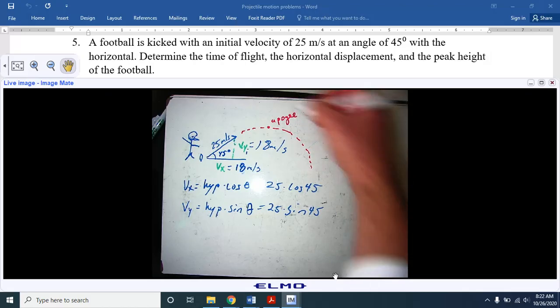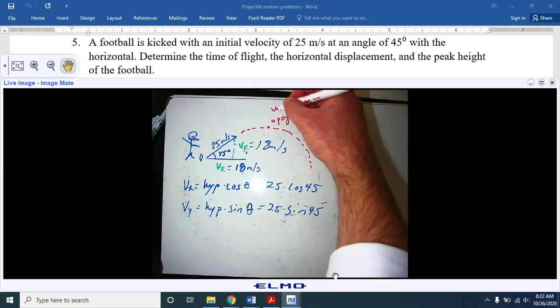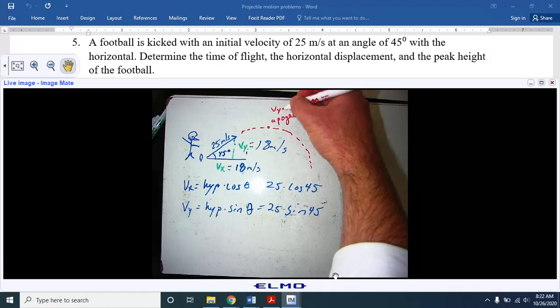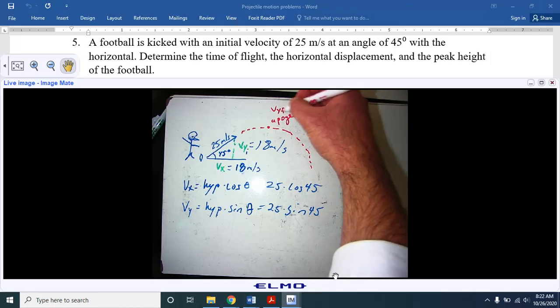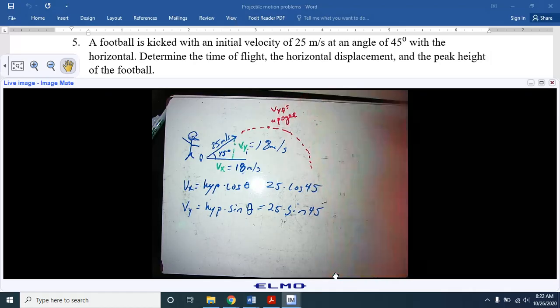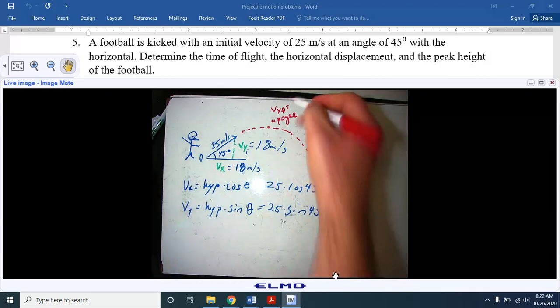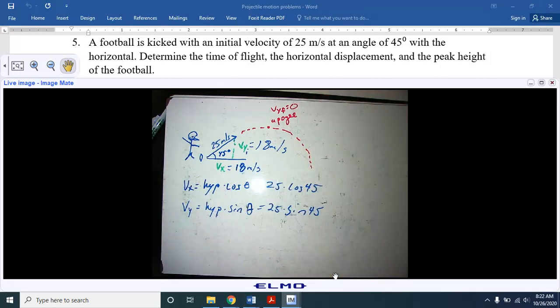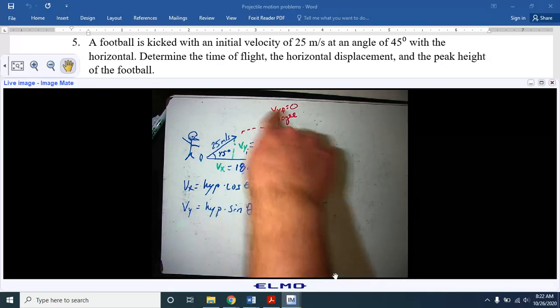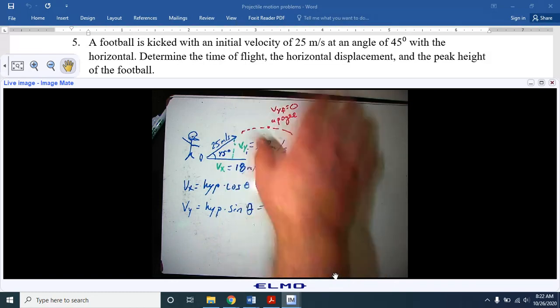And we know at apogee, we're going to define Vy final, or Vy apogee, as 0. For now, we're going to define it as final, at least in the first set of our problem. Again, we're defining our Vy at apogee as 0.